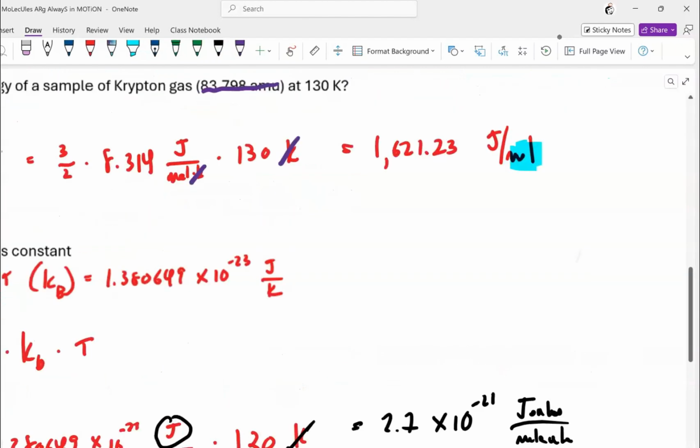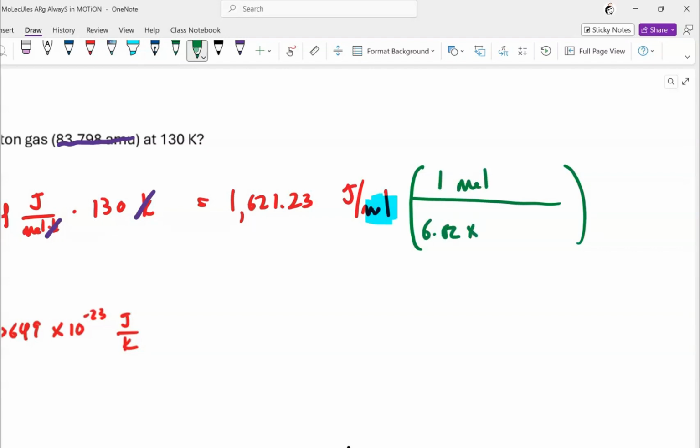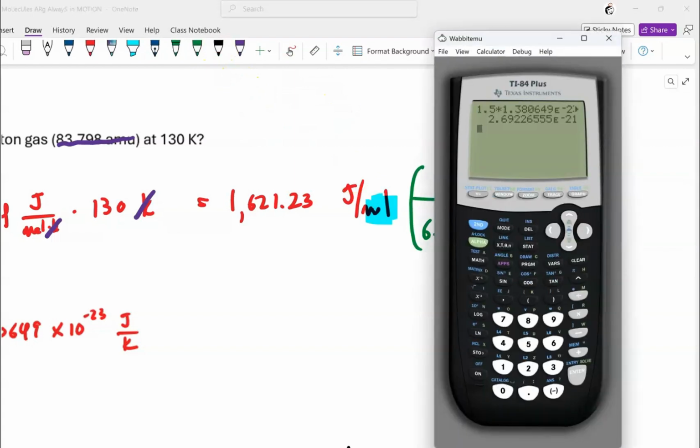Would we get the same answer if we tried to convert this from joules per mole to joules per molecule? We can easily find out by converting this. Because we have moles on the bottom, we'll put moles on the top, and we'll divide this by 6.02 times 10 to the 23rd molecules. Do we get the same answer as we get using Boltzmann's constant?